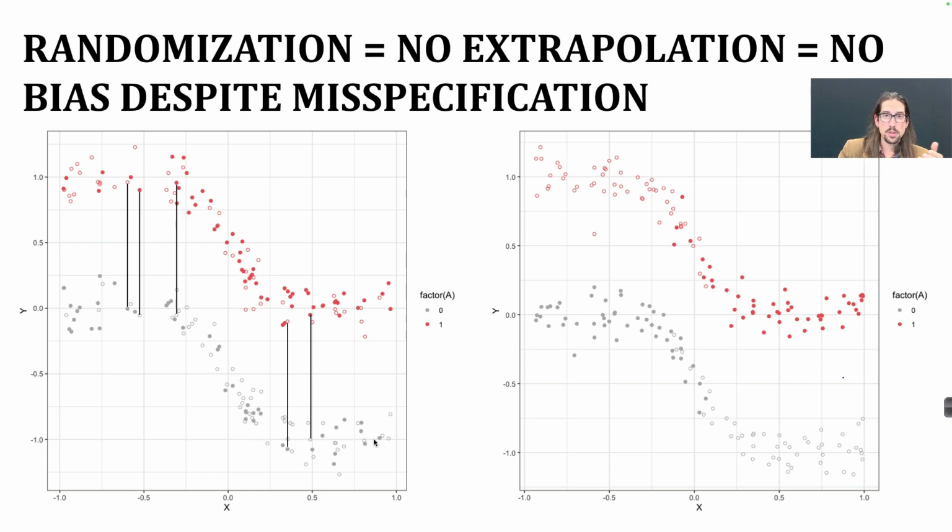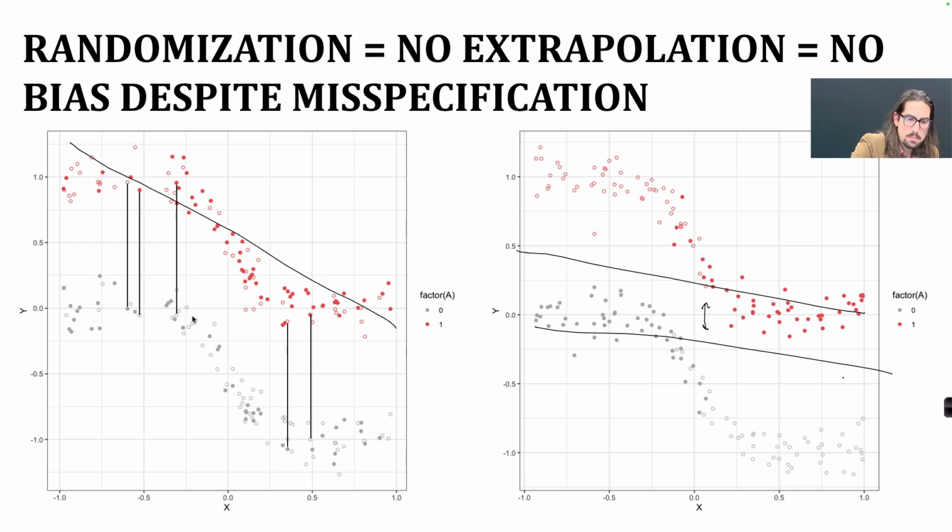So these dark gray points are spread evenly among X, and same with the pink. Over here the linear regression is going to look something like that, and you're going to underestimate the average treatment effect. If you do linear regression over here, it might look something more like this, okay?